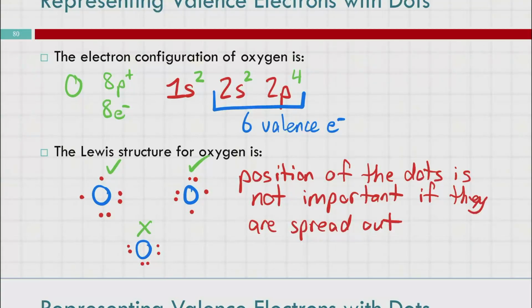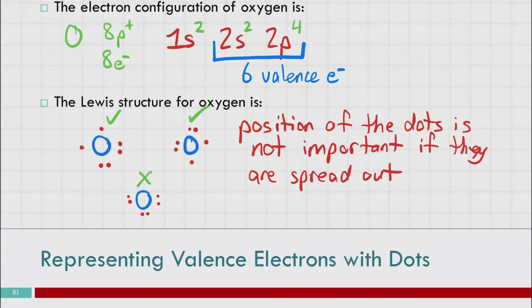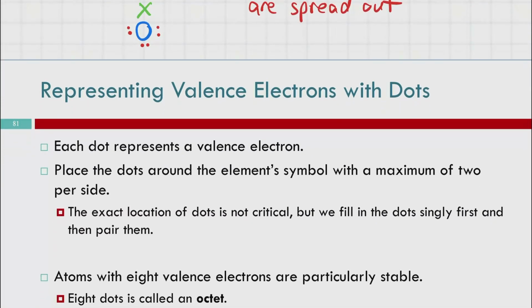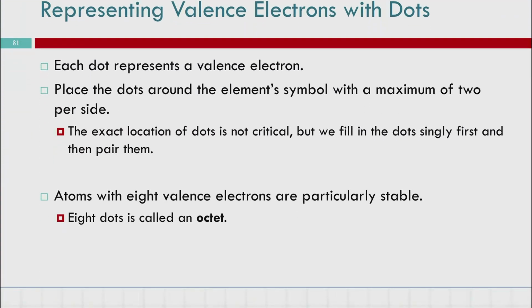So I'll usually draw them in singly first, and then we pair them up after. Each of those dots represents one of our valence electrons. Location's not that important, but fill in the dot singly first, and then pair them.